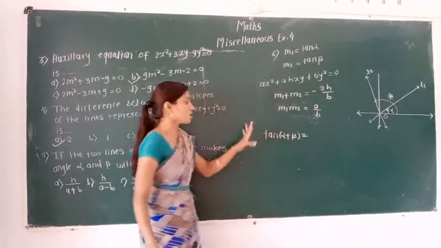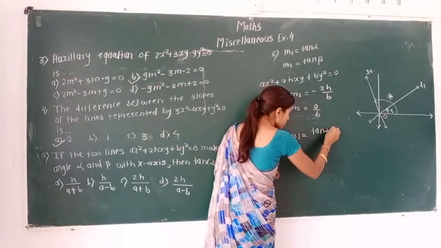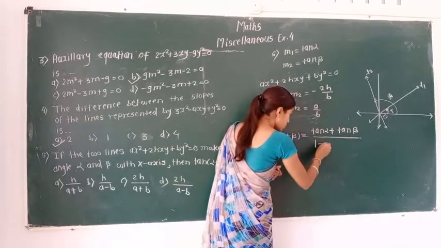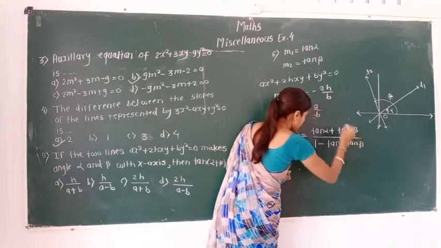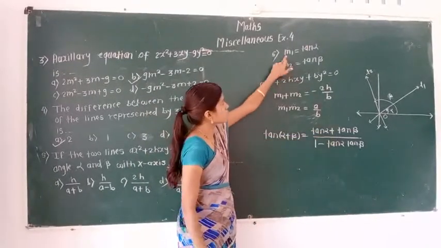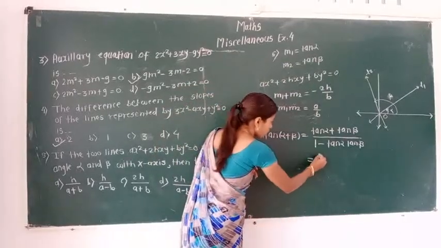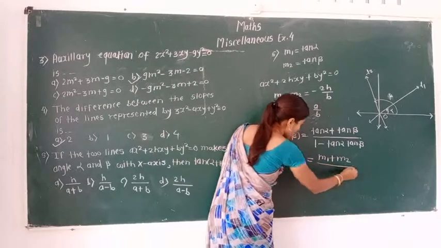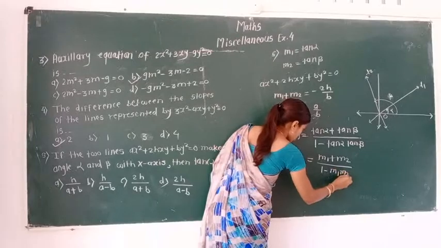This formula we have already learned. It is tan alpha plus tan beta divided by 1 minus tan alpha into tan beta. Now resubstitute the value of tan alpha as m1 and tan beta as m2. So put all those values: m1 plus m2 divided by 1 minus m1 into m2.